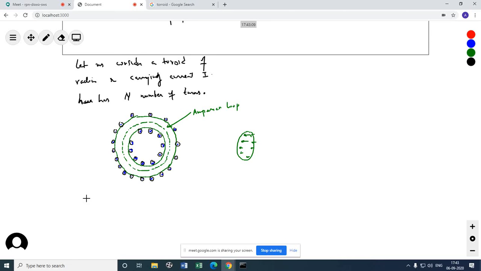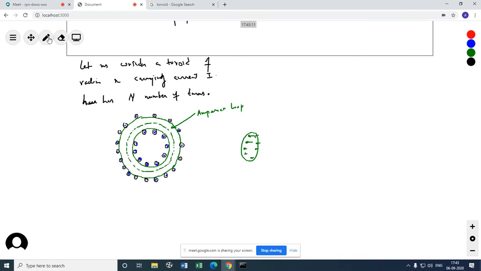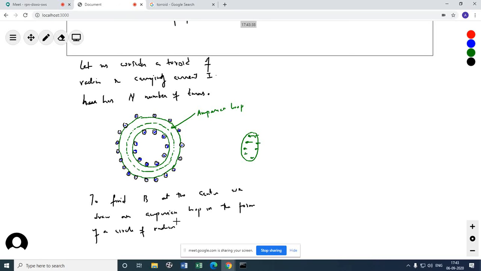Then to find B at the center, we draw an Amperian loop in the form of a circle of radius r.